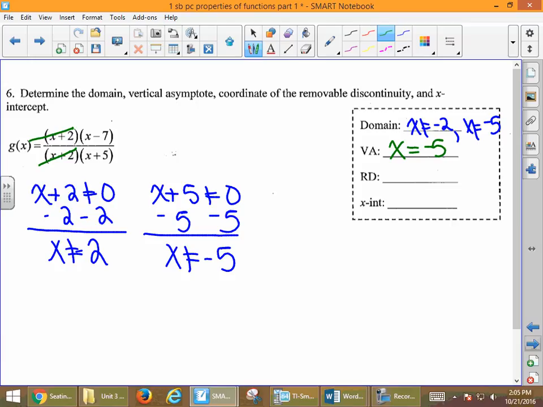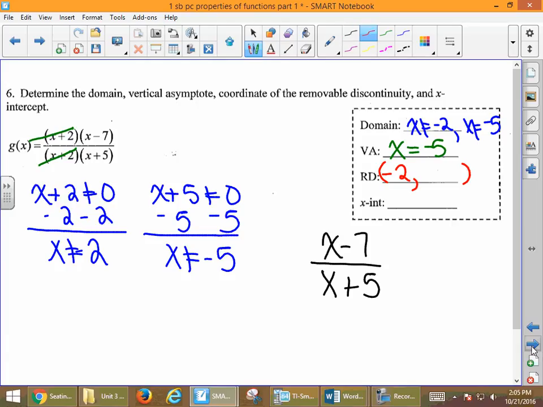And what are we going to do with our other value? Well, this -2 is going to be part of our removable discontinuity. What we have remaining in this problem, after we canceled out the x plus 2's, is the function x minus 7 divided by x plus 5.